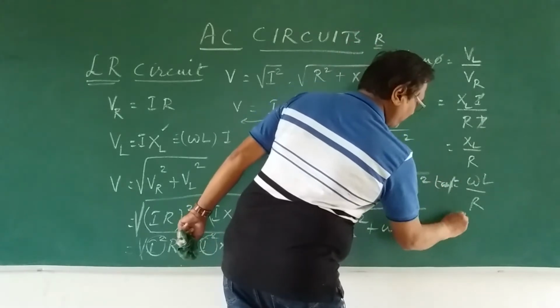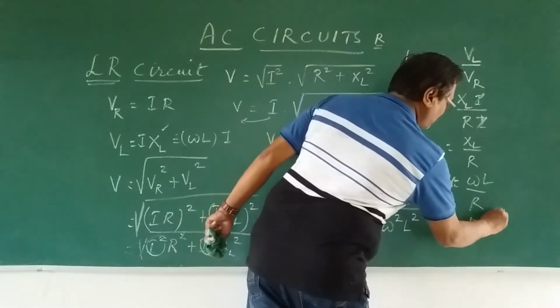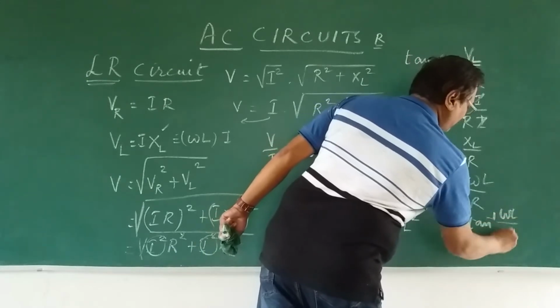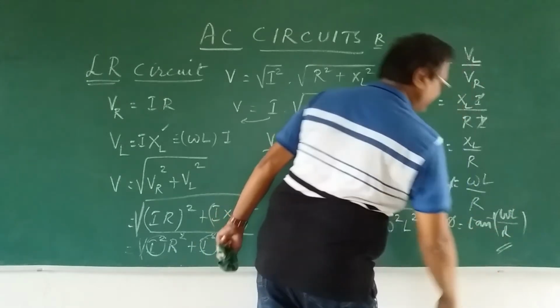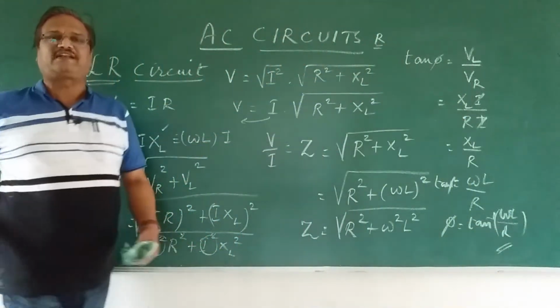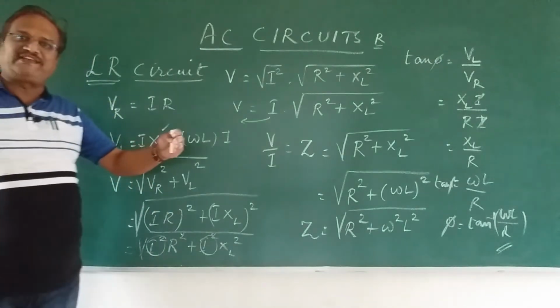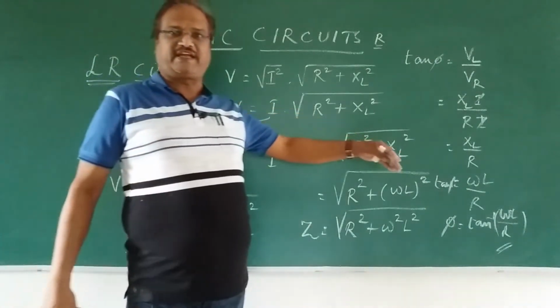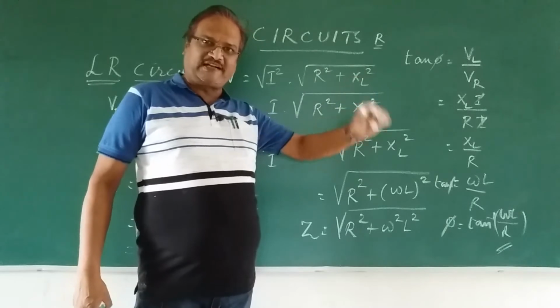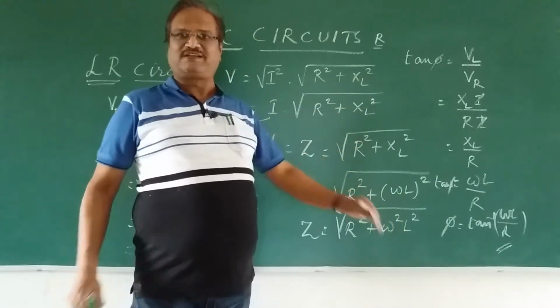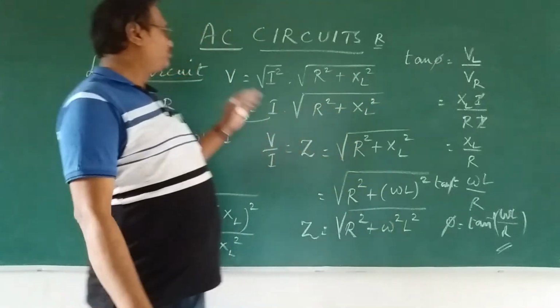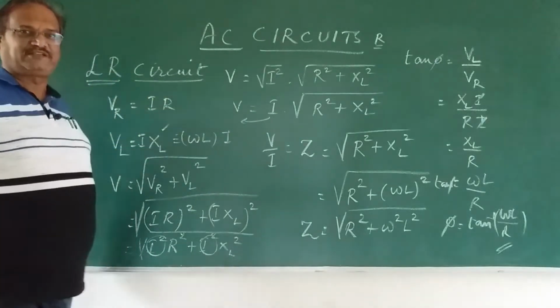If you want phi, it is tan inverse of omega L upon R. We can use it to calculate the angle between the two vectors, resistance and the resultant. You understand? So this is how you solve the LR circuit.